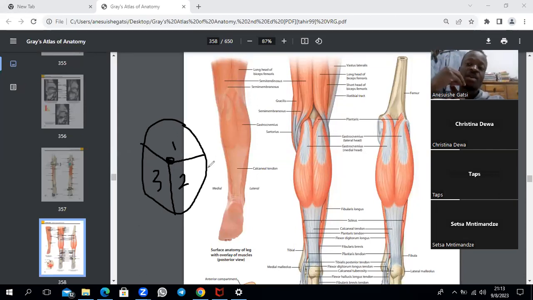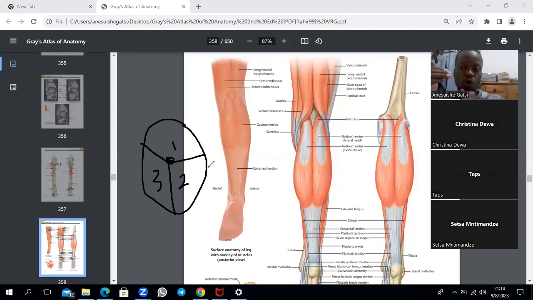Unlike in the thigh, where there was anterior, posterior, and medial, the difference is that the leg has a lateral compartment. Other books say four compartments in the leg. But the four comes from the fact that the one that we have said is the posterior compartment can be further divided into two other compartments that I'll show you shortly.